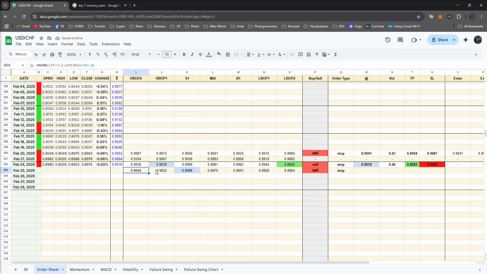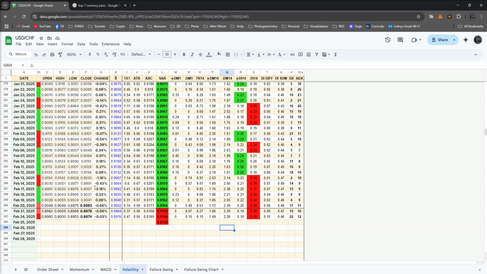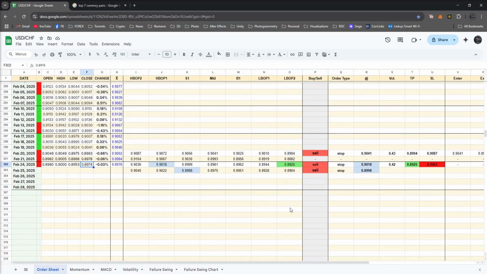I'm going to put my stop loss. Well, my target per entry price is here, 0.8998. My target cash out, I'm going to put, let's see. I'm going to go down lower. I'm going to go down to here. So this is going to be my target, 0.8904.